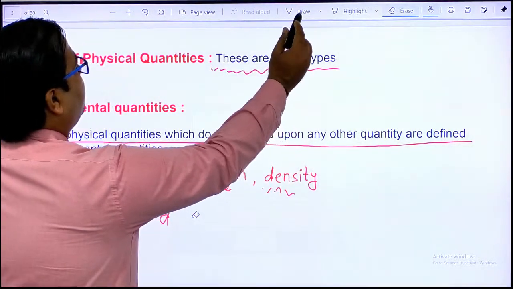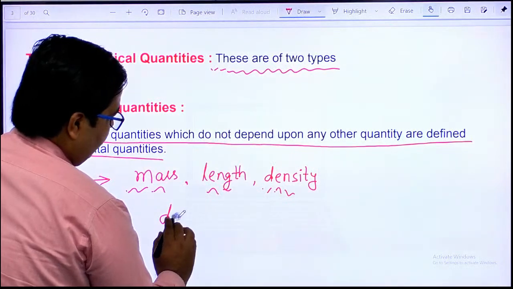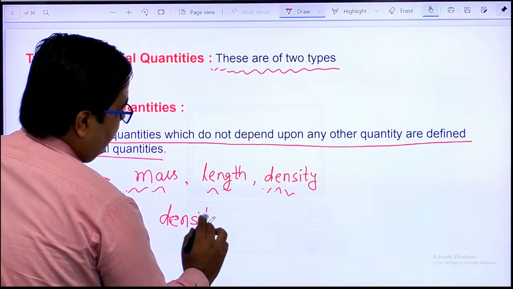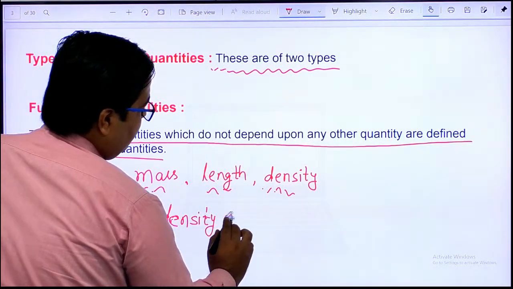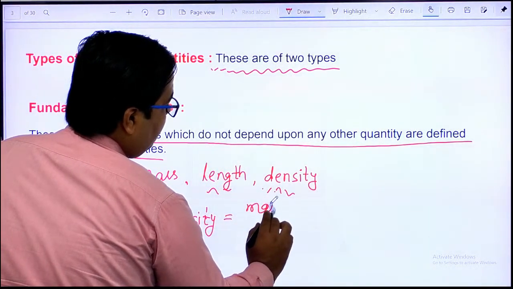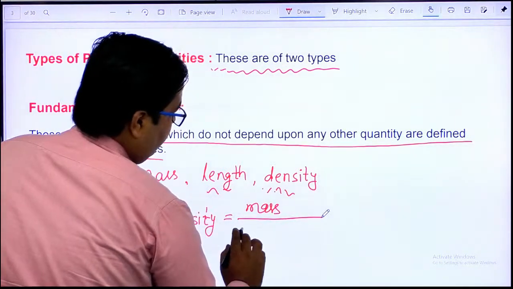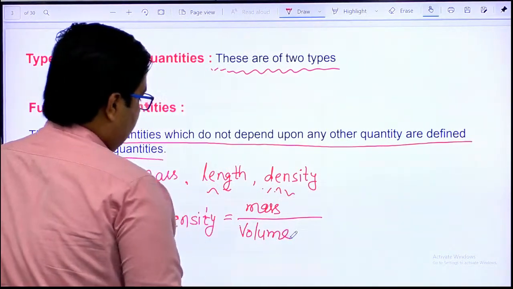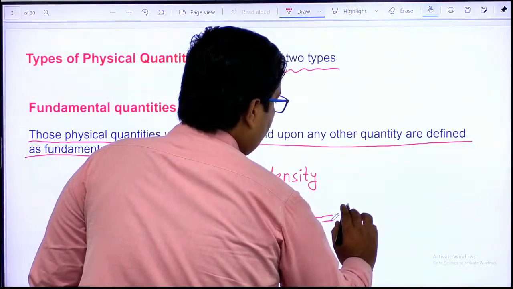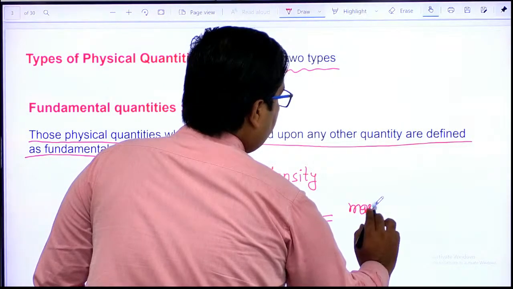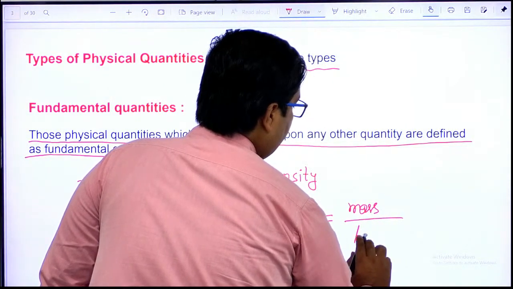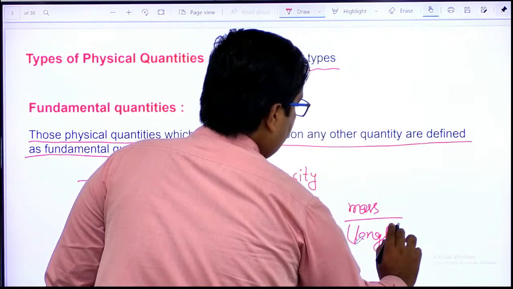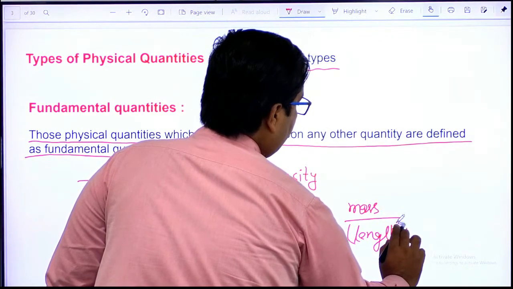Let's write density as mass by volume. This is density, and we can also write this as mass by length to the power q.